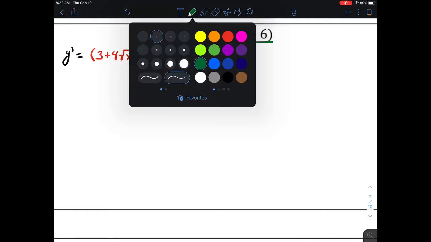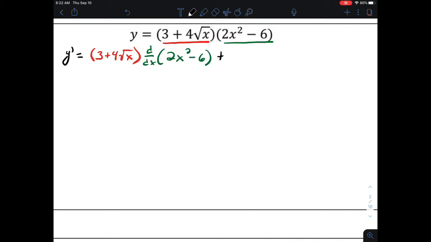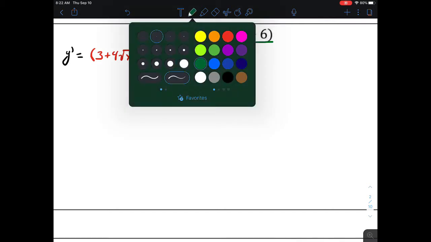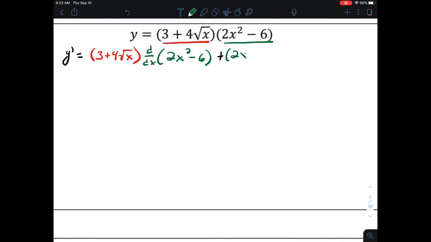And then plus the second term, so 2x squared minus 6, times the derivative of the first term, so the derivative with respect to x of 3 plus 4 times the square root of x.